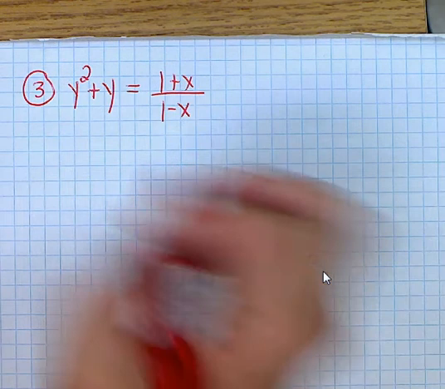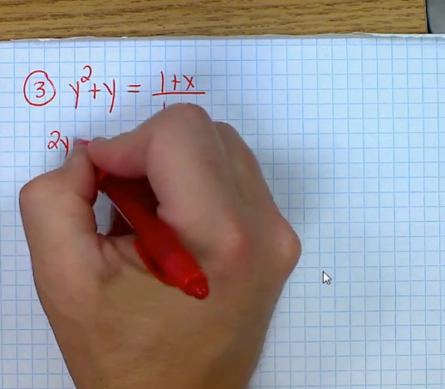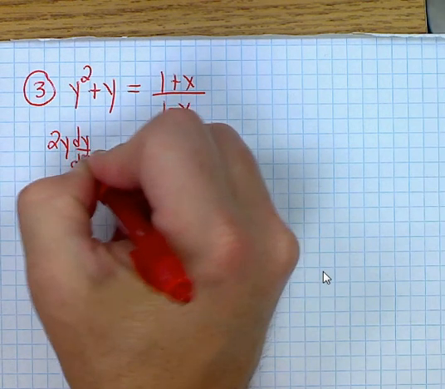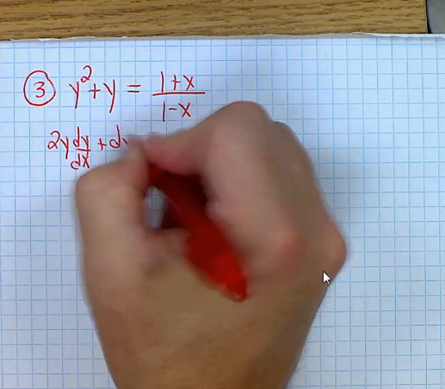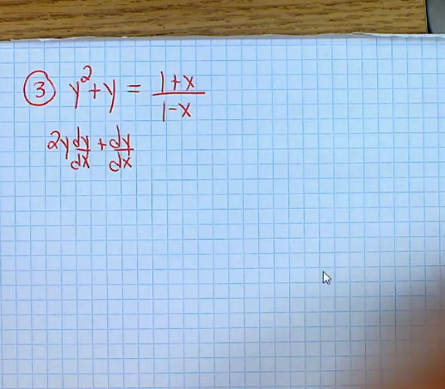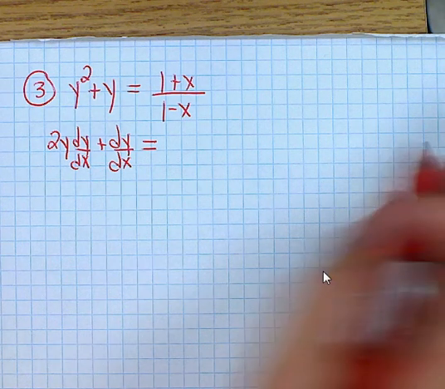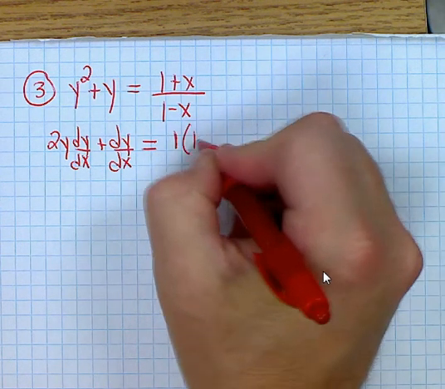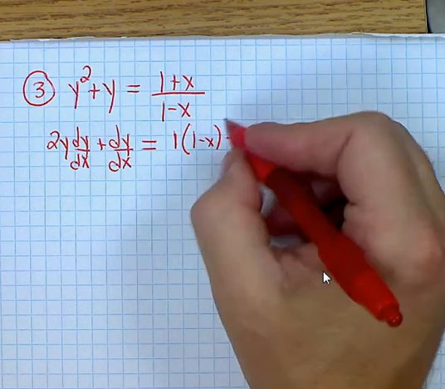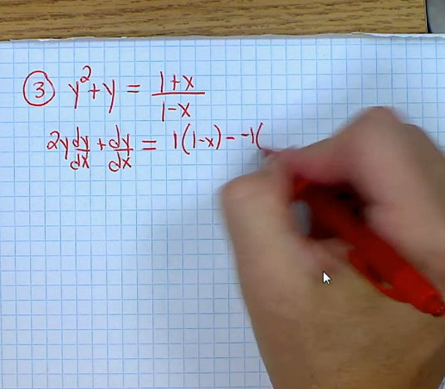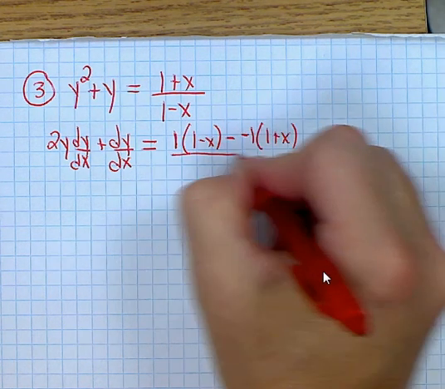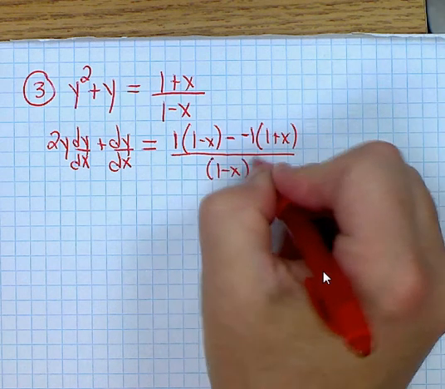All right, the derivative of the left-hand side is not too bad. 2y dy dx plus the derivative of y, which is just dy dx, equals, and the right-hand side is quotient rule. Derivative of the top is 1 times the bottom, minus the derivative of the bottom, which is a minus 1, times the top, all over the bottom squared.